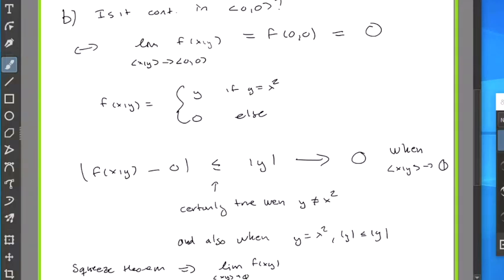I'm sorry that this is so cluttered, but I think it's better to stay on the slide. Sorry. That shows us that the limit of f(x,y) is equal to 0, and that's equal to the value in (0,0). So that is by definition continuity then.